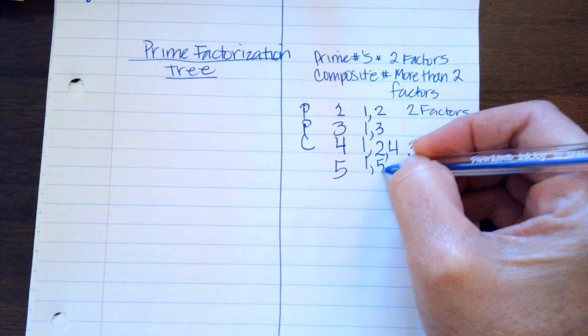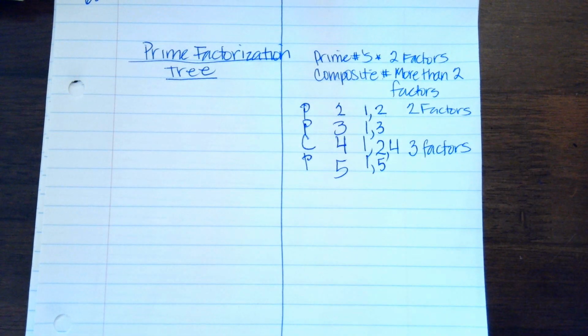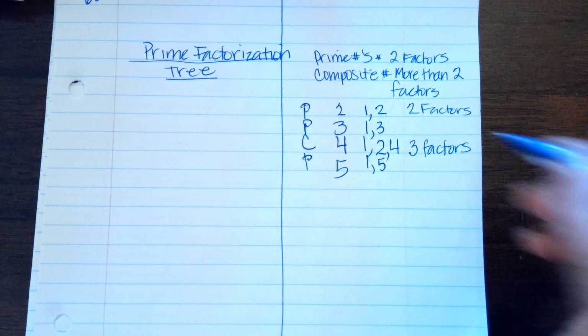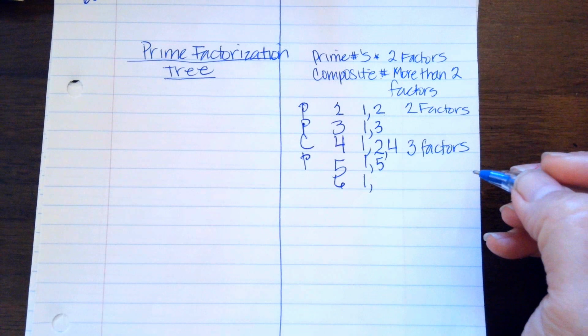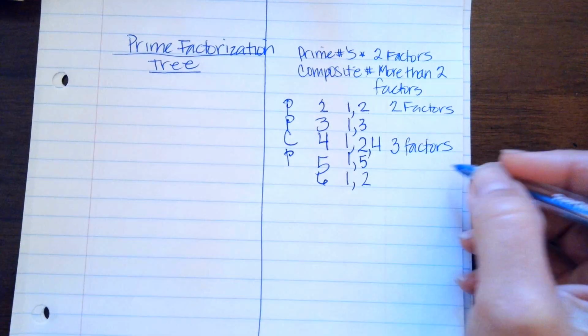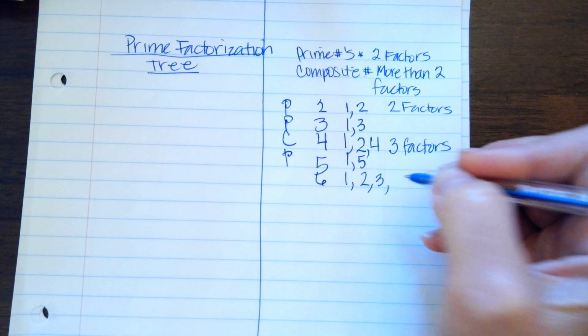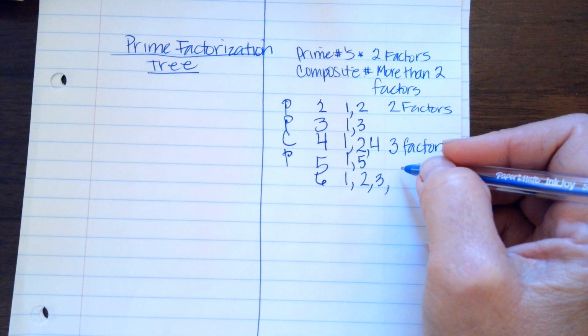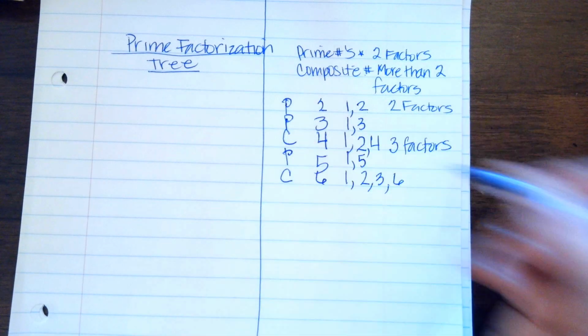So it only has 1 and 5. And that makes it a prime number. What about 6? 6 has 1. What about 2? Yes. What about 3? Yes. 4? No. 5? No. 6? Yes. So this is a composite number.